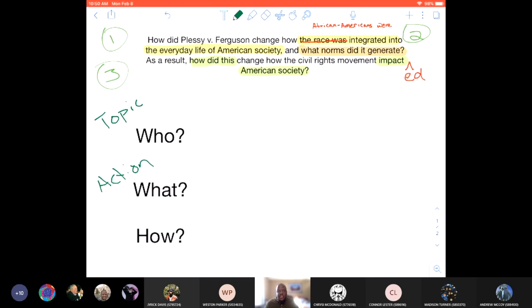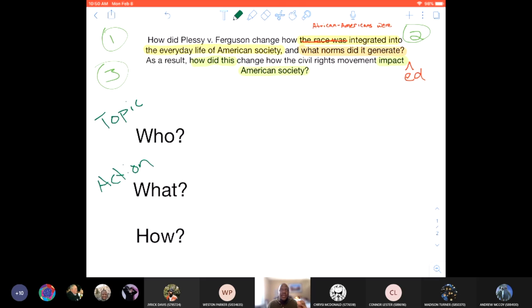You can also, depending on if you're putting it into context, let's say your who is a little bit more like Black activists, right? Well, that's not specific enough.